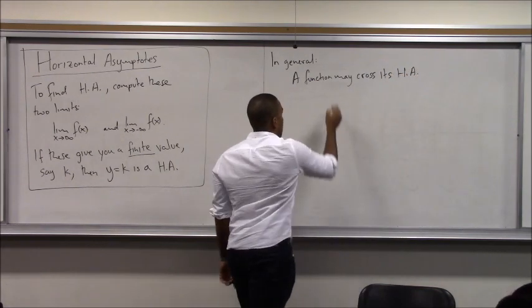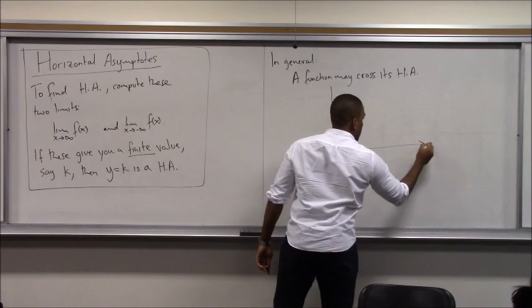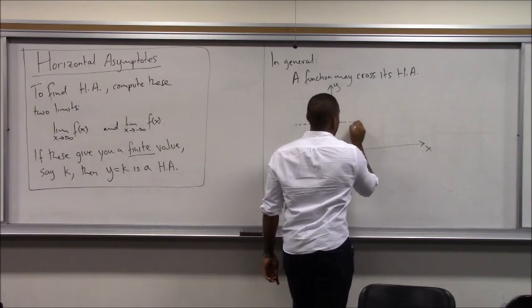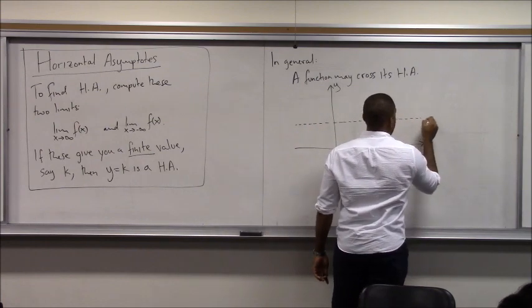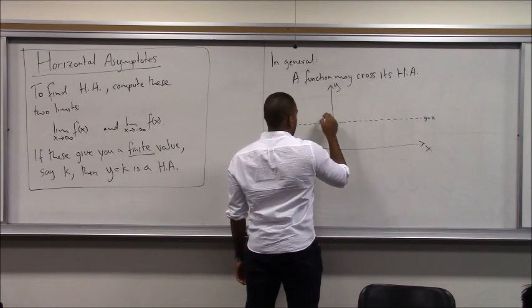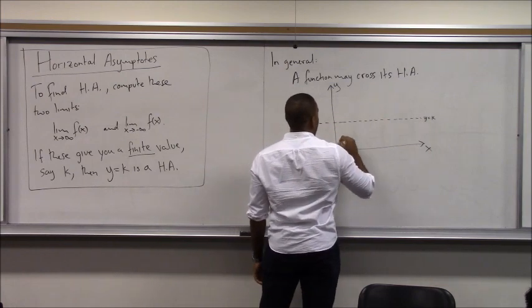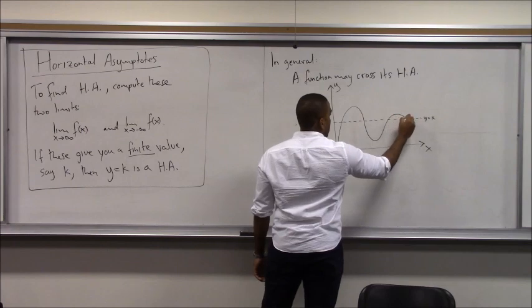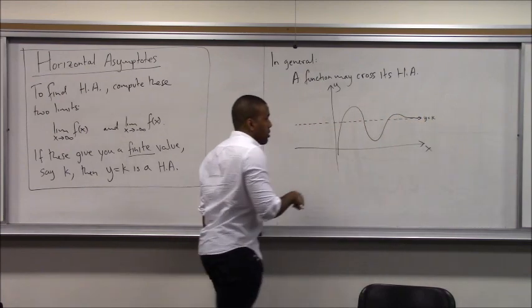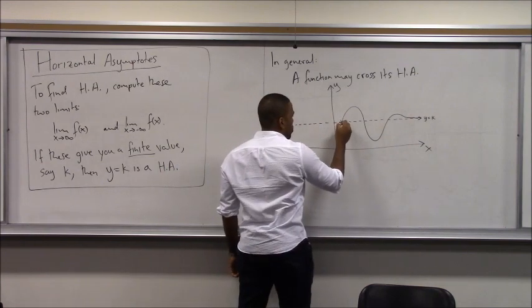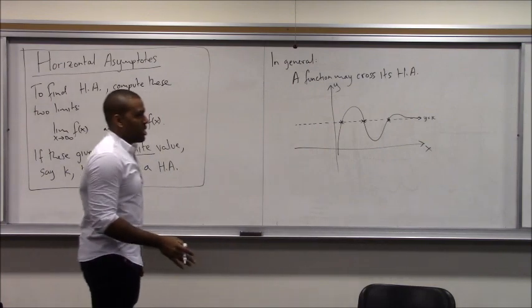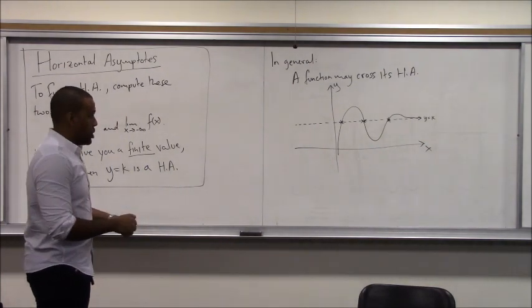So, let's say here's your x and y, and let's say here's a horizontal asymptote, y equals some value. In general, it shouldn't be weird. You shouldn't think of it as weird if your function crosses this line and eventually levels off, because you really only care what's happening eventually when it goes off over to infinity. So your function can cross the horizontal asymptote, maybe in several points. You shouldn't think of that as something weird or strange.